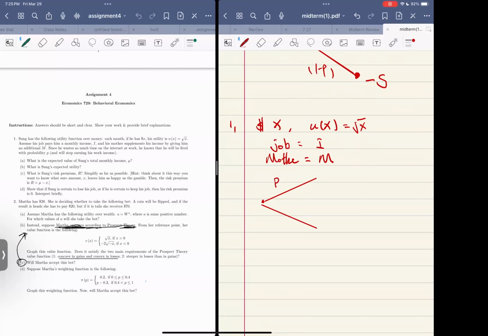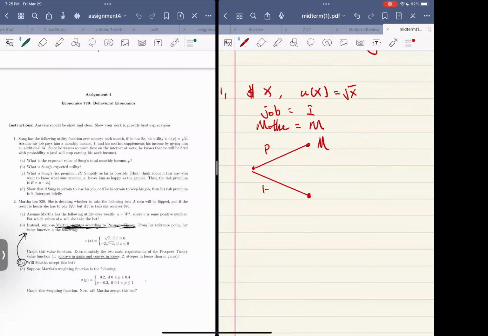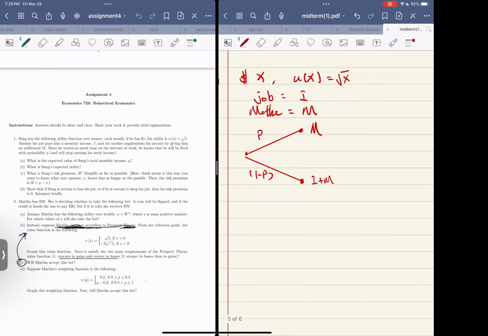P is the probability of getting fired. If you're getting fired, you only have your mother's money, the supplemental income. And then you have 1 minus P, where I plus M is your total outcome.